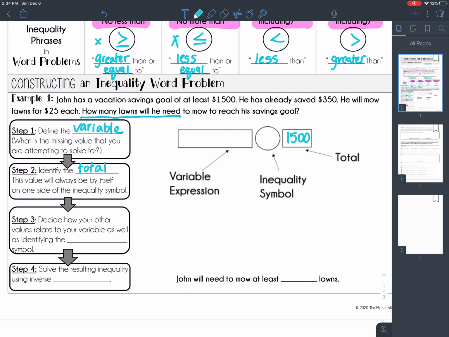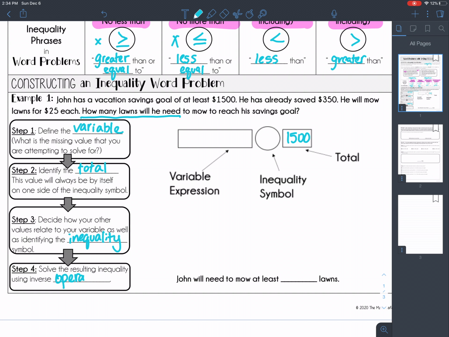That's what we're either trying to stay over or under, or exactly at. Then decide how your other values relate to your variable, as well as identifying the inequality symbol.